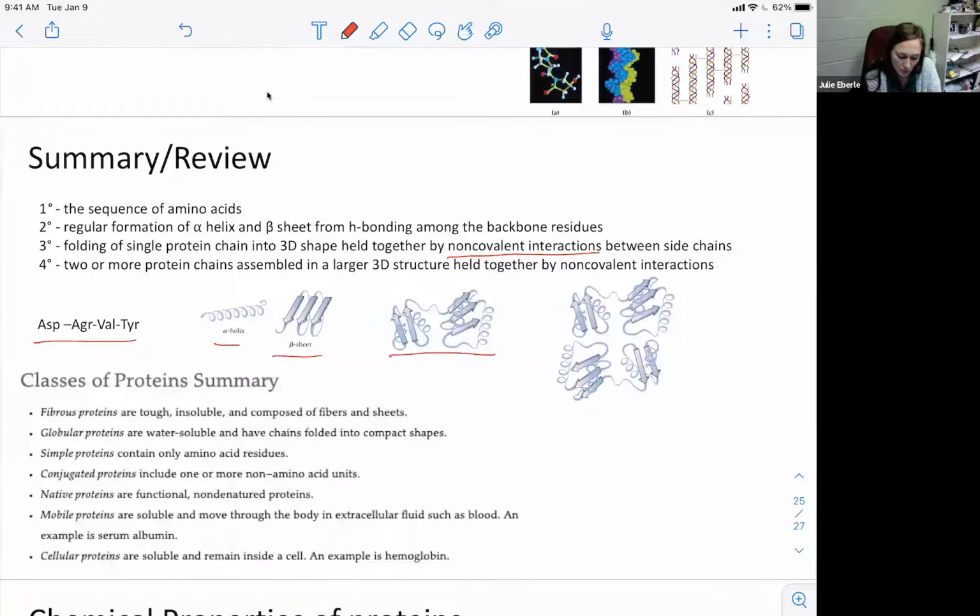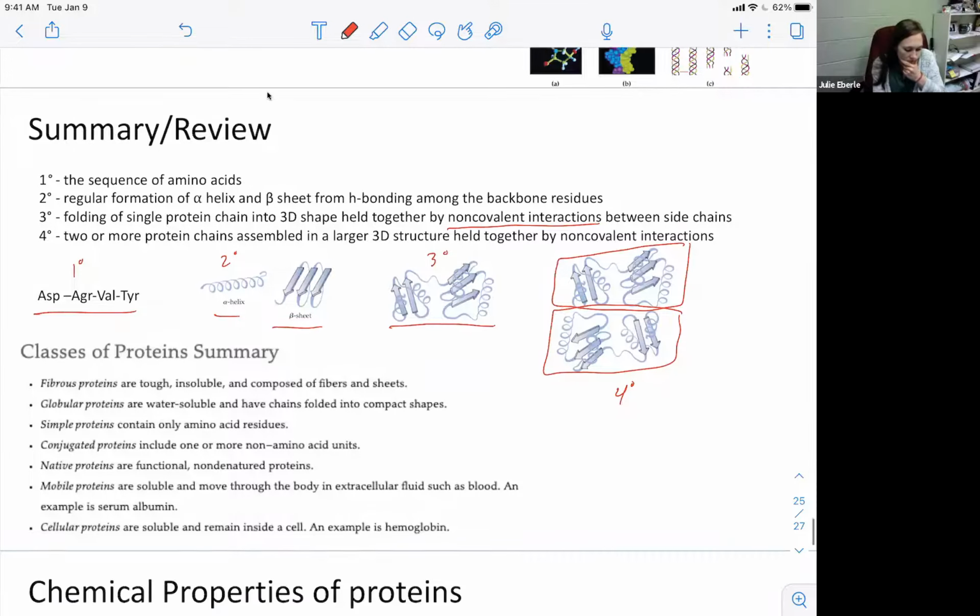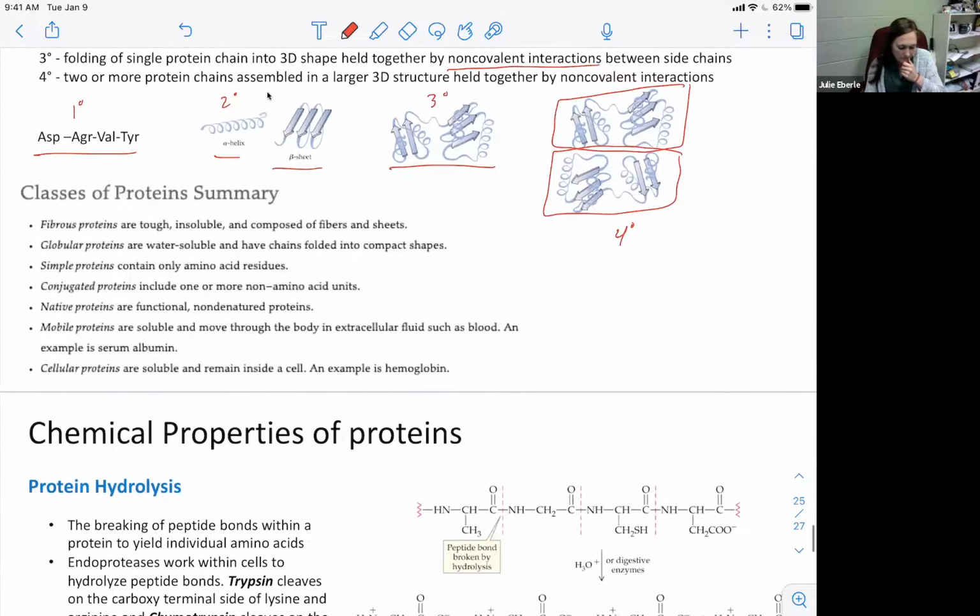And then once you begin to join protein chains and you have multiple subunits joined together, that's quaternary structure. So that's primary, secondary, tertiary, quaternary.